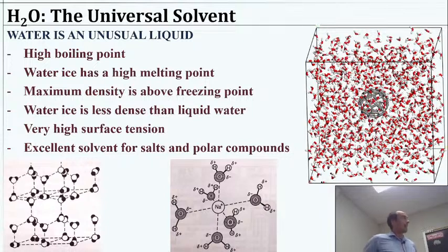Water ice has a high melting point. If you tried to freeze ethanol, you have to get it very, very cold, right? Which is why you could take a bottle of wine and put it in your freezer, and it's probably not going to burst if it has enough ethanol in it. It depresses the freezing point.